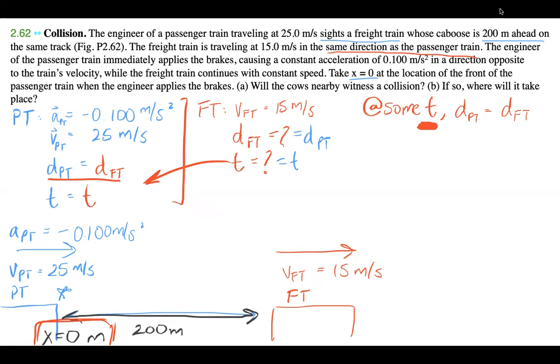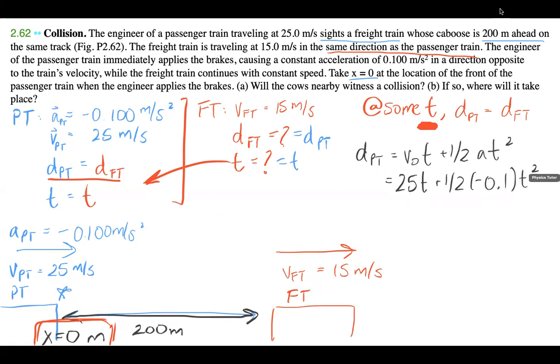So if we see our 4 variables, acceleration, velocity, distance, time, the one that comes to mind is this one, because this one has all the variables that we need. And so if we plug in our numbers, we just get 25t plus half of minus 0.1 t squared.